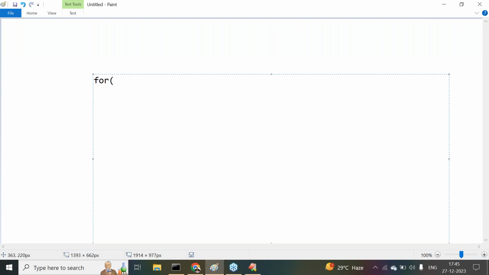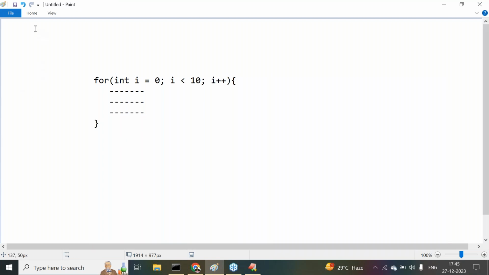Everybody put more concentration. for (int i = 0; i < 10; i++). Inside this, a set of instructions is available. For int i = 0, i less than 10, i plus plus, a set of instructions is available. Does everybody understand it now?